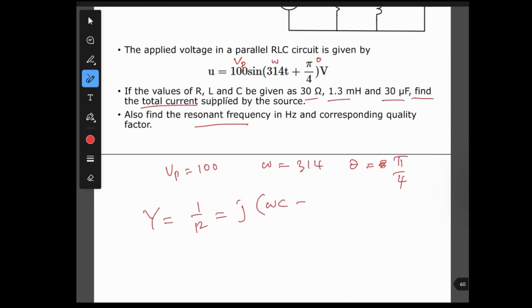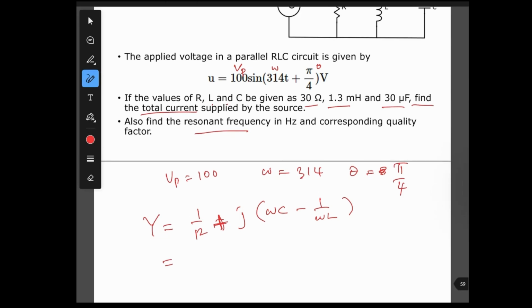R is 30, omega is 314, L is 1.3 milli, and C is 30 micro.